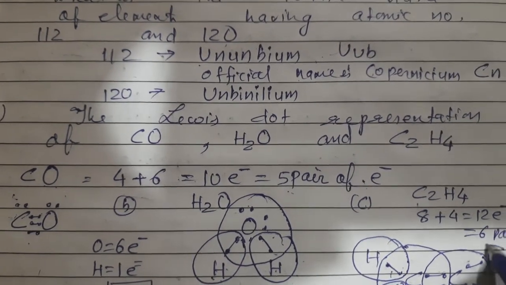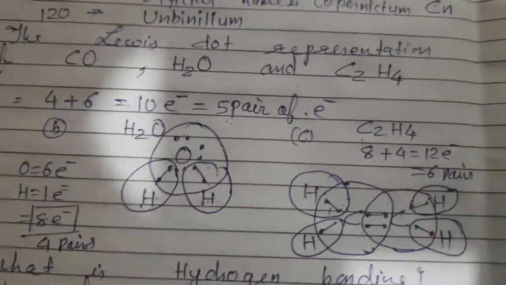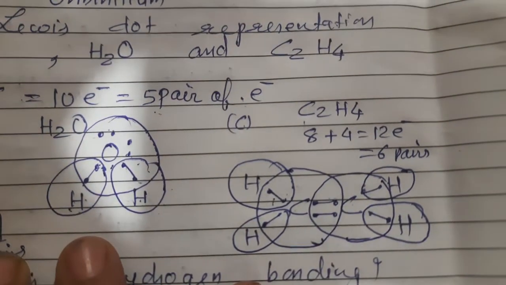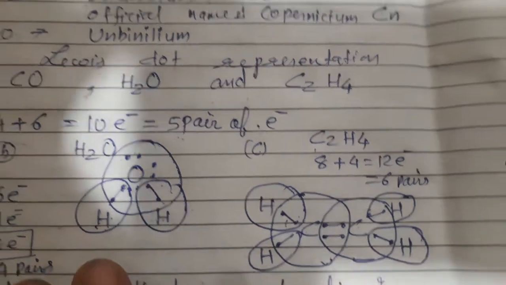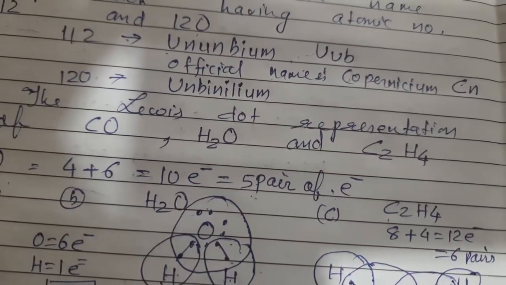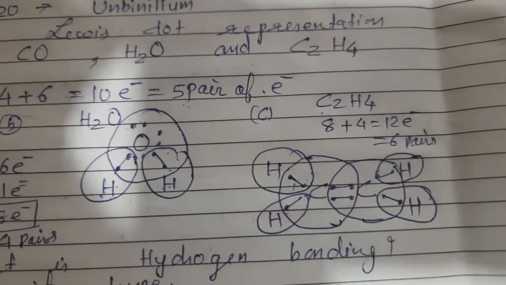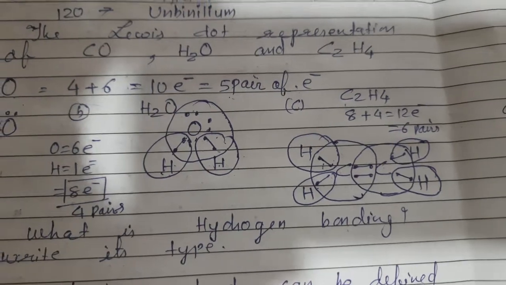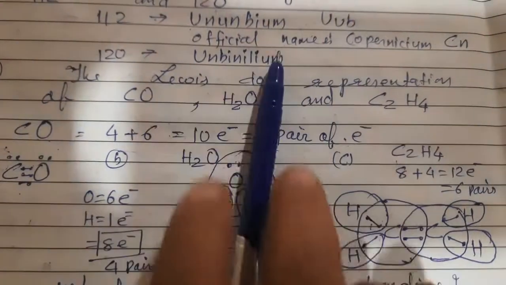If you see carefully, all the hydrogen atoms have 2 electrons, and this is the Lewis dot symbol of C2H4. Clear? If you notice this carbon, one bond, 1 2 3 4 5 6 7 8. So in this way I have shown you the Lewis dot representation of these 3 compounds. Now the next revision video I will send afterwards.